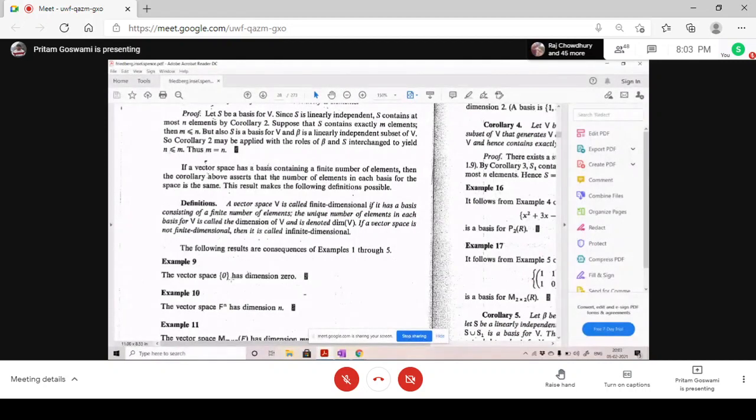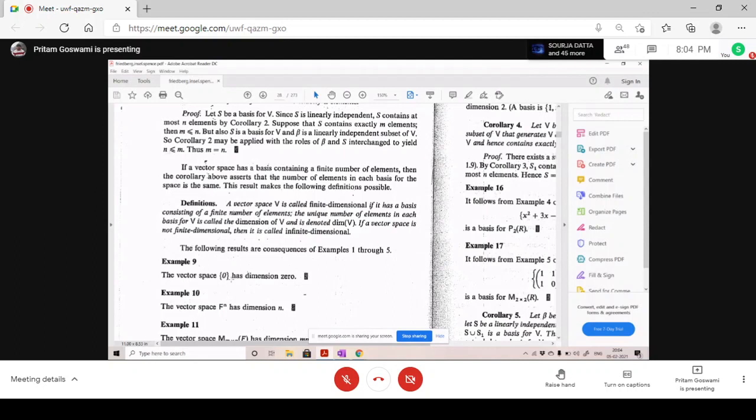If the vector space is Fn, where F is the field, you can say Rn, then Rn has dimension n. Suppose there is a vector space of all m cross n matrices.